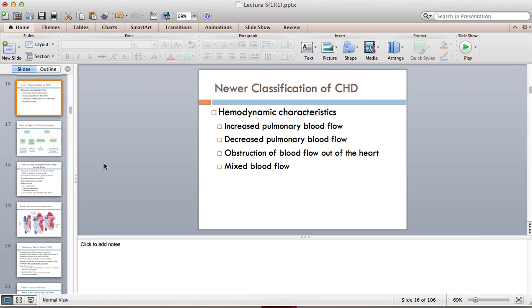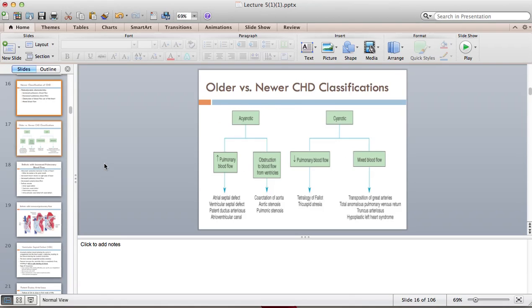So with that, looking at this here, we put it as acyanotic and cyanotic, which is our old classification. Now the newer one will be those conditions that will result in increase in blood flow to the lungs, because there is a lot of blood getting into the lungs, or there is one that will obstruct blood entry into the ventricles.